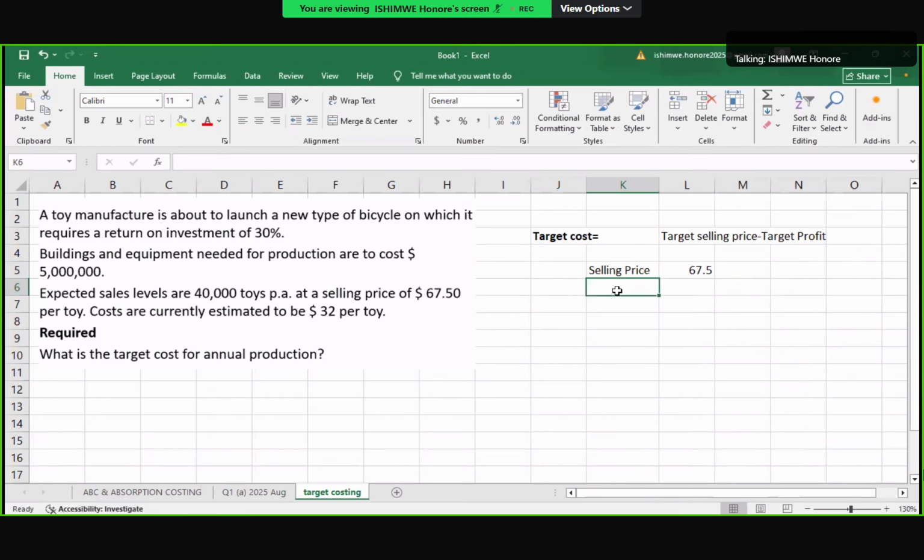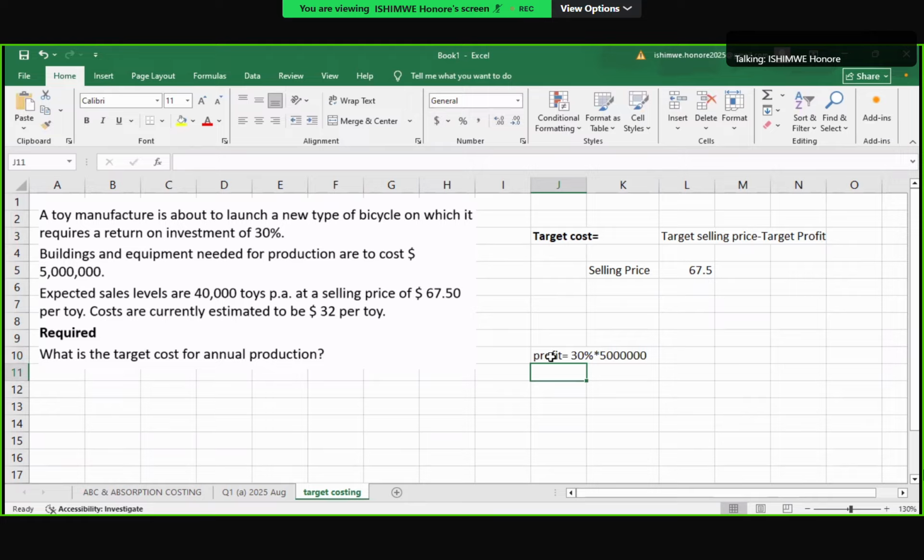And then, do I have profit? They say the toy manufacturer is about to launch a new type of toy, for which it requires a return on investment. What do you think of by return on investment? It means they take a profit, divide by the investment or capital employed, then multiply by 100, and they get 30%. So the profit is 30% times our investment, which is 5 million.